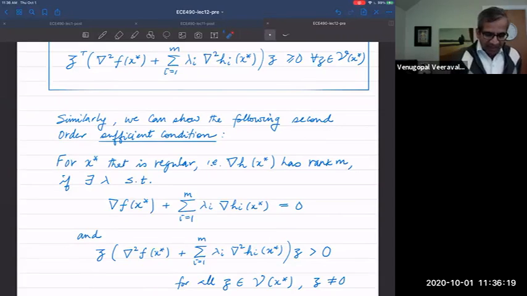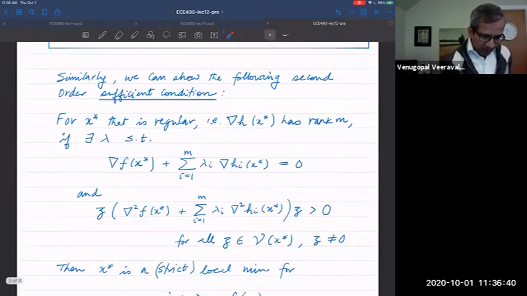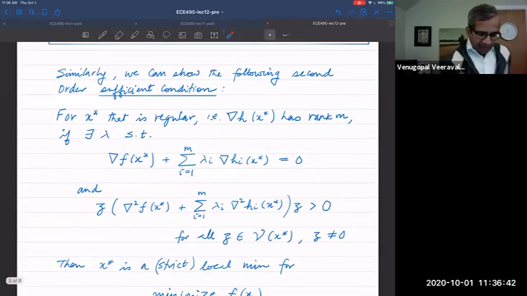And basically, just like with the second order sufficient condition for unconstrained optimization, where we went from positive semi-definiteness to positive definiteness to get sufficiency, the same kind of thing happens even here. So basically, what we show is that if x star is regular, and of course x star is feasible.